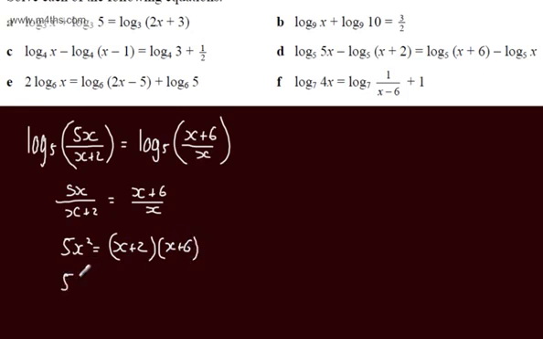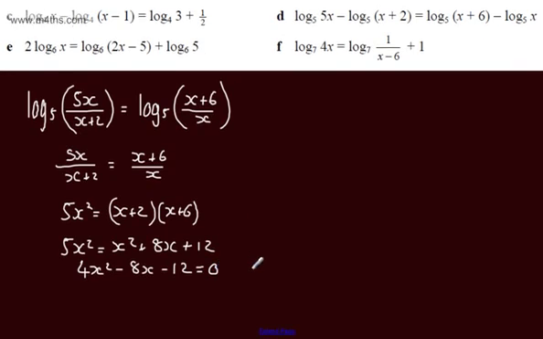Expanding the brackets, 5x squared will be equal to x squared plus 8x plus 12. Subtracting x squared from both sides, 4x squared. Subtracting 8x from both sides, minus 8x. Subtracting 12 from both sides is equal to 0.